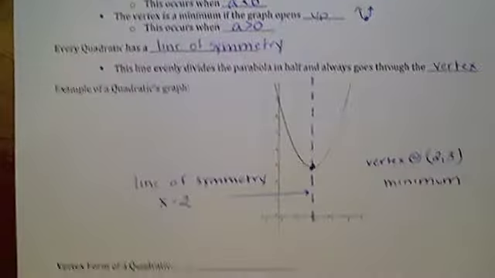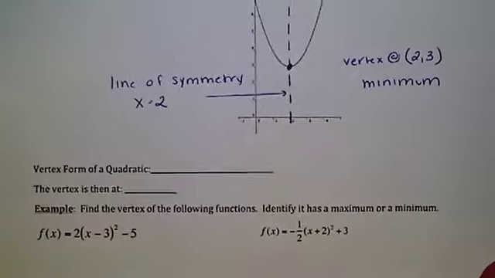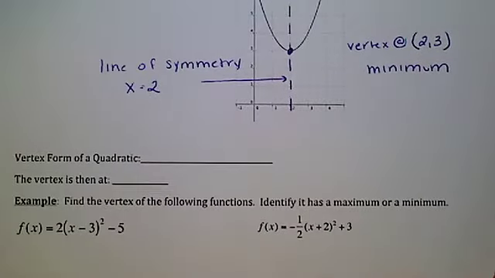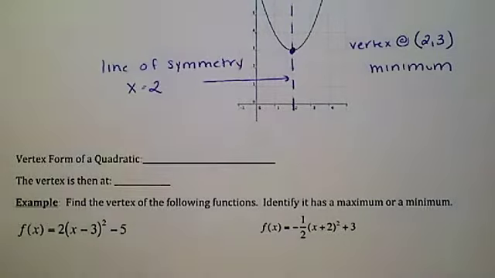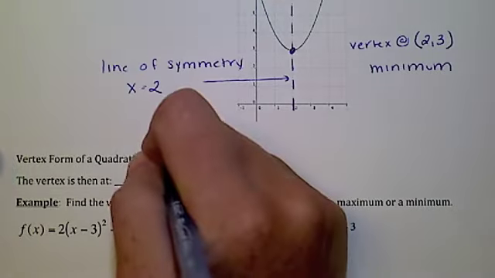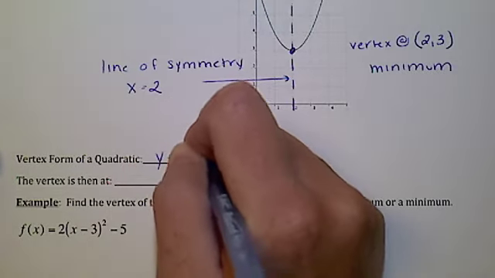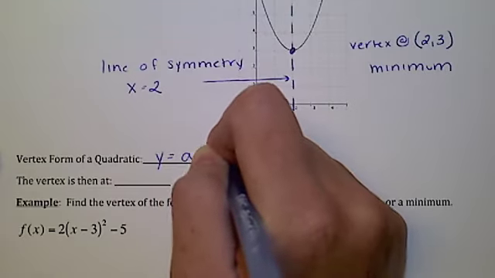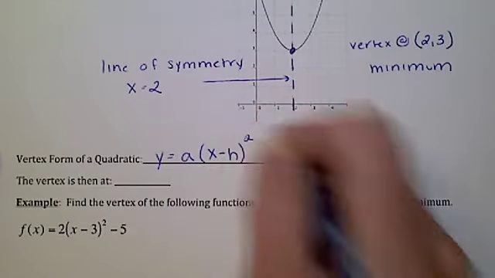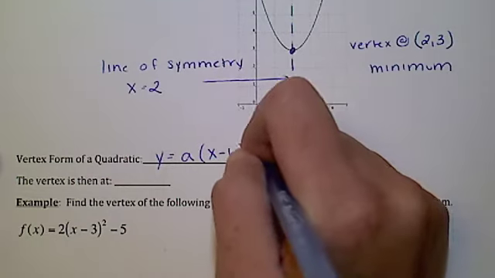Let's get into vertex form. So vertex form is just another form of a quadratic. It looks different from standard form. It can tell us some different things about that quadratic. So vertex form is y equals some number a times the quantity x minus h, and that quantity squared, plus k.